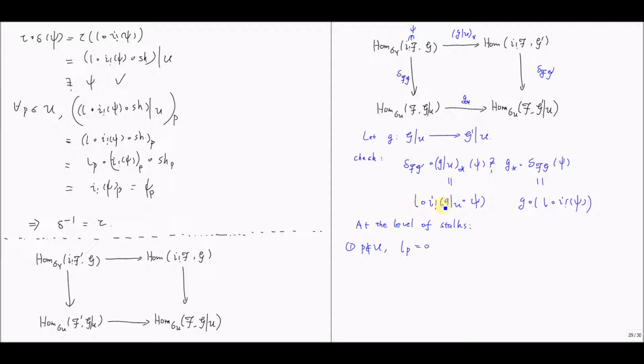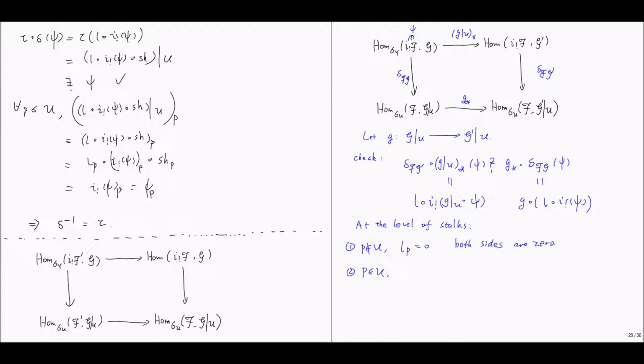Both sides have iota, and both sides will be 0. And second, if P is in U, then at the level of stalks, a shriek and iota will be the identity.